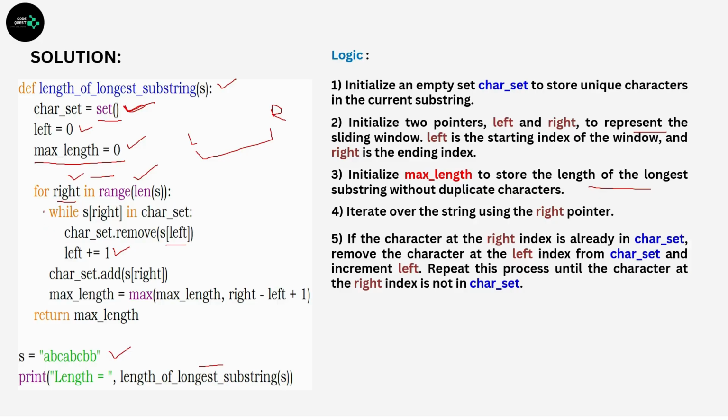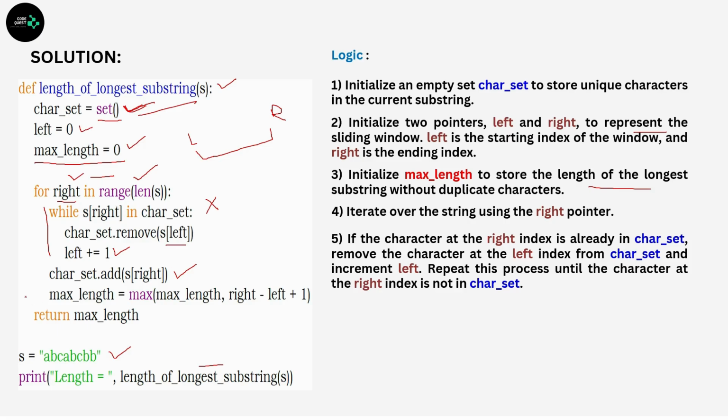It may so happen this loop is false if the character at the right index is not available in the set. In that case, I'll just move on to the next step where I add that character to the set. So if it is present already, I remove the leftmost one and then add the right one.